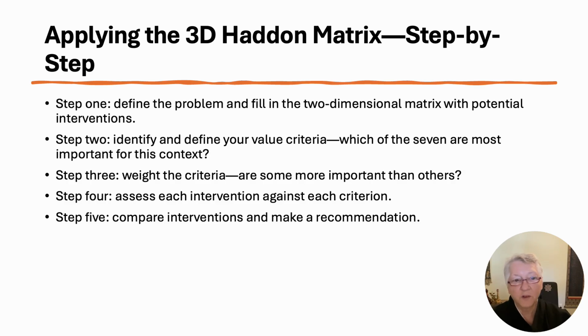Step 4 is to assess the intervention against each of the criteria. And step 5 is to compare the interventions and make a recommendation. The key is that this process makes your values explicit and your decision-making transparent. It's not expert opinion. It's systematic, and it is a defensible process.